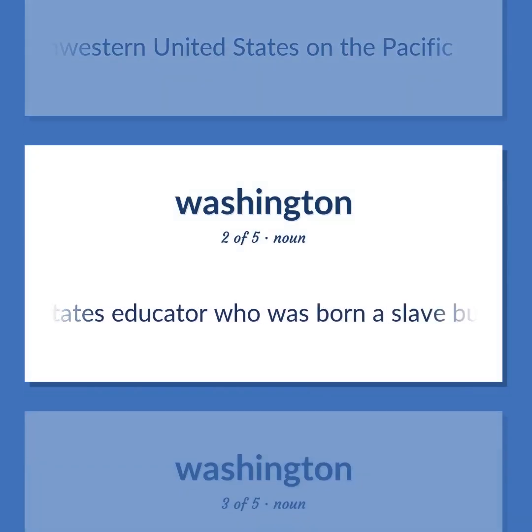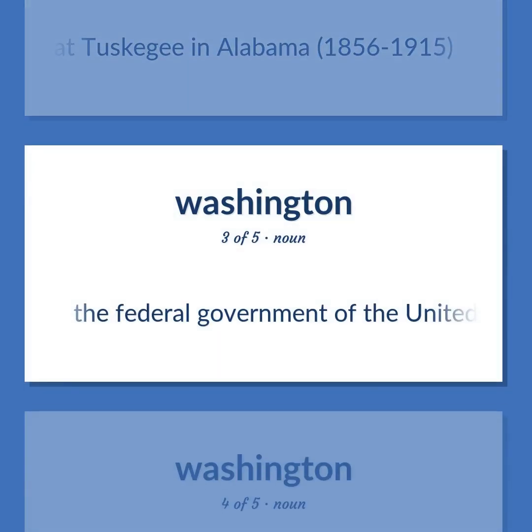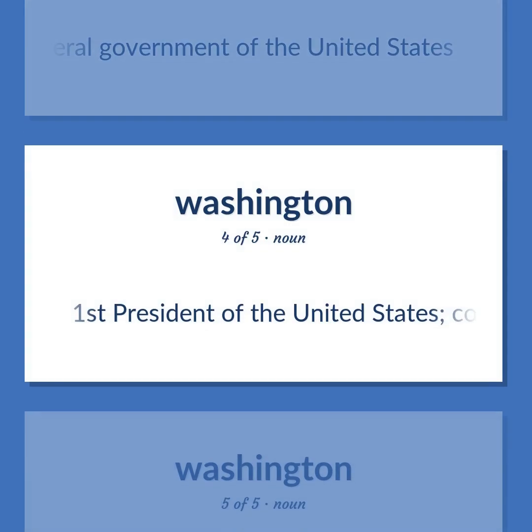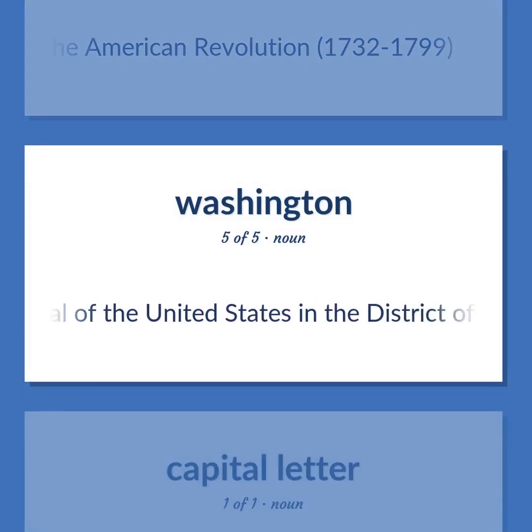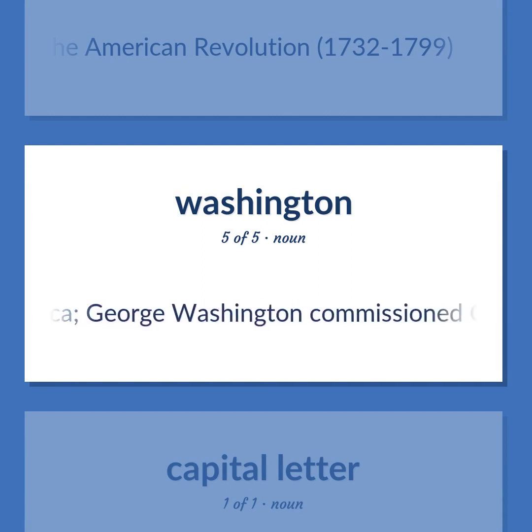United States educator who was born a slave but became educated and founded a college at Tuskegee in Alabama, 1856 to 1915. The federal government of the United States. First President of the United States. Commander-in-Chief of the Continental Army during the American Revolution, 1732 to 1799. The capital of the United States in the District of Columbia and a tourist mecca. George Washington commissioned Charles L'Enfant to lay out the city in 1791.